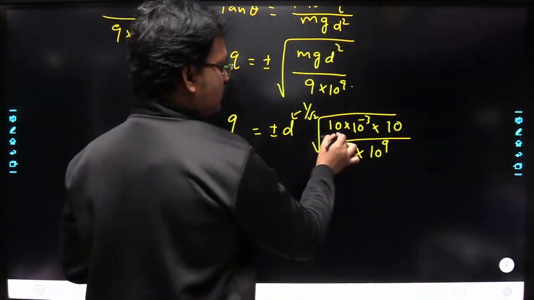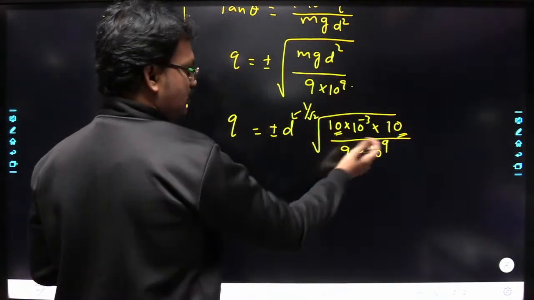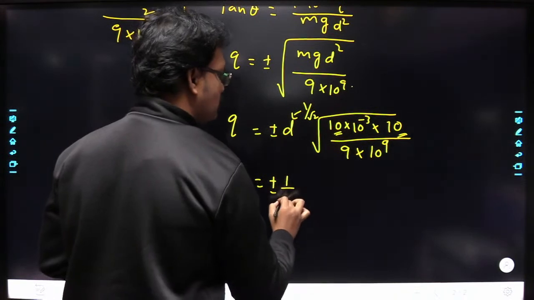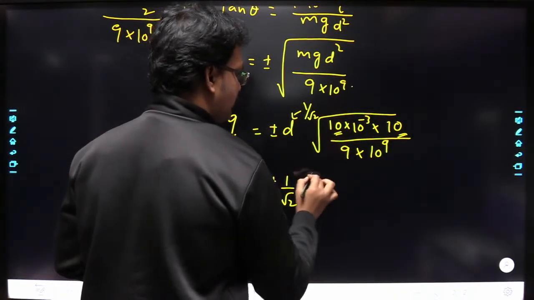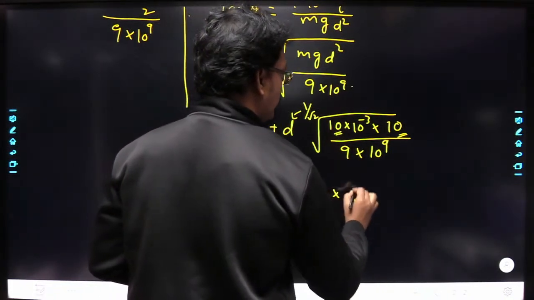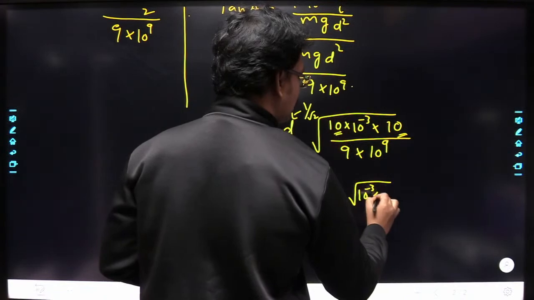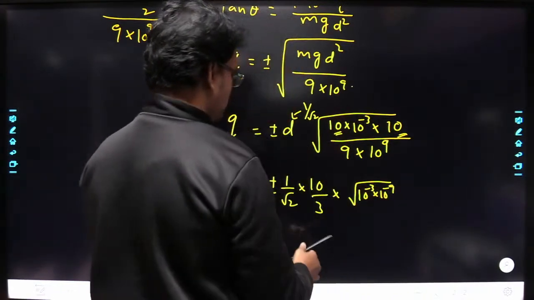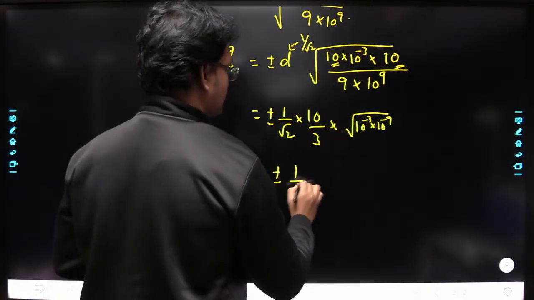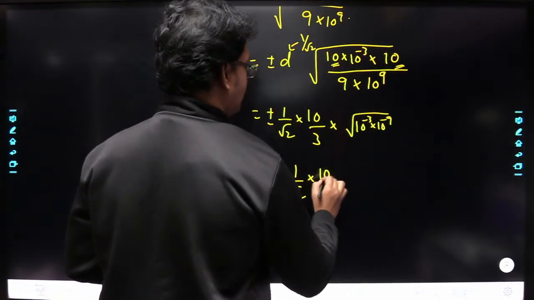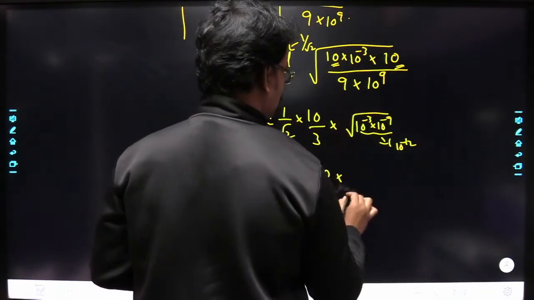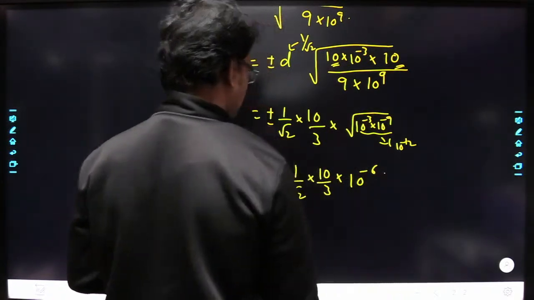Now here you are having 10, so take that as 10 square. If you take out of the root, you are going to get plus or minus 1 by root 2 into 10, and 9 you can take out of the root, that is 3, into square root of 10 power minus 3 into 10 power minus 9. So plus or minus 1 by root 2 into 10 by 3 into, here you will get 10 power minus 12 under root, that is 10 power minus 6.